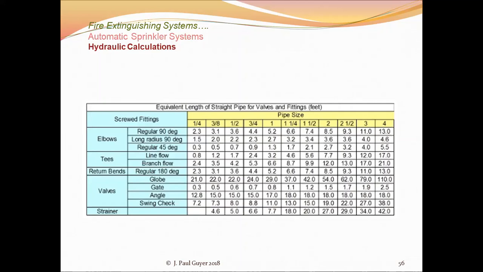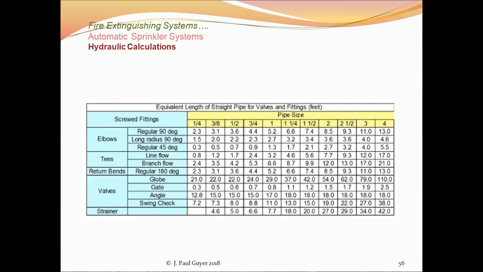The largest size in many typical buildings is going to be around 2, maybe 2.5 inch diameter pipe where the water enters the building. And then as it travels to that most hydraulically remote location, there are tees off, and some of the water goes over here, some over there.